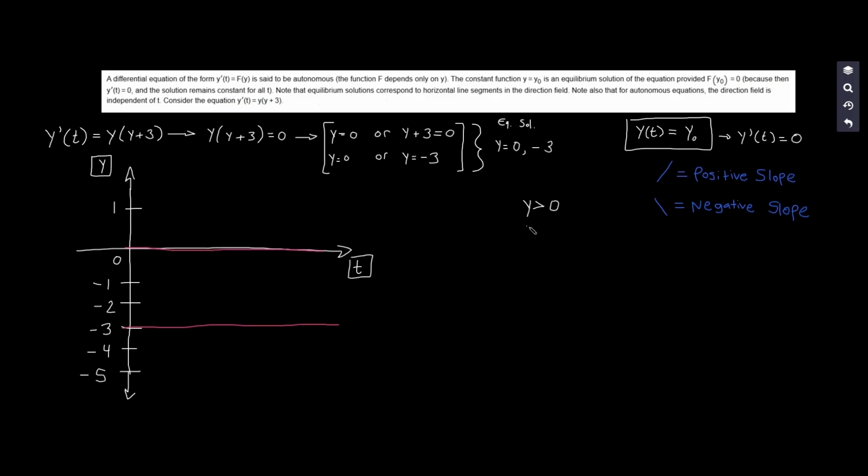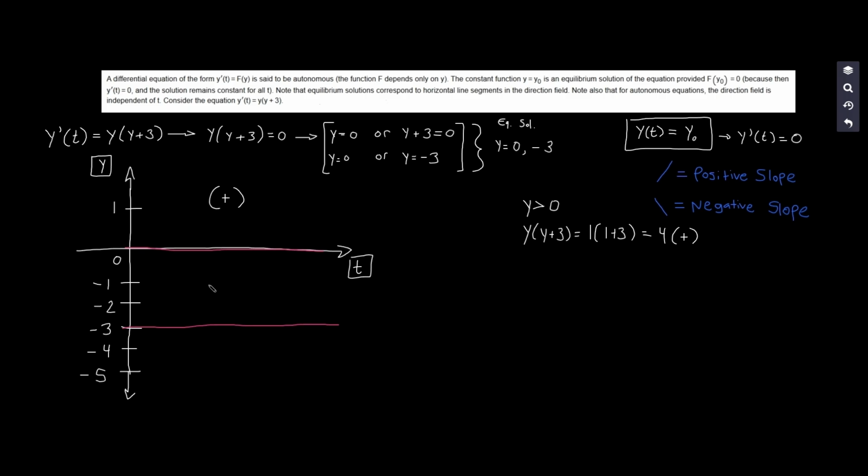What's greater than 0? 1. So for y times y plus 3, we're going to plug in 1. It's going to be 1 times 1 plus 3 equals 4. We're not so much worried about what the actual number is, more so that it's positive. This is positive, which means that this sector here is going to be positive.